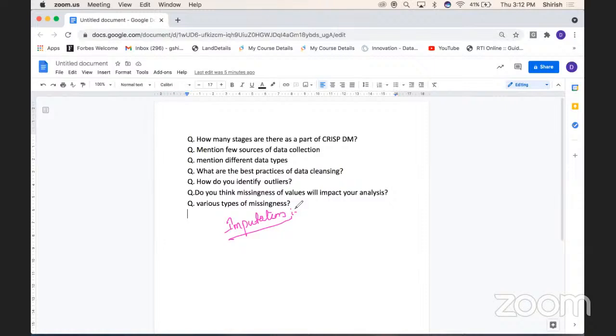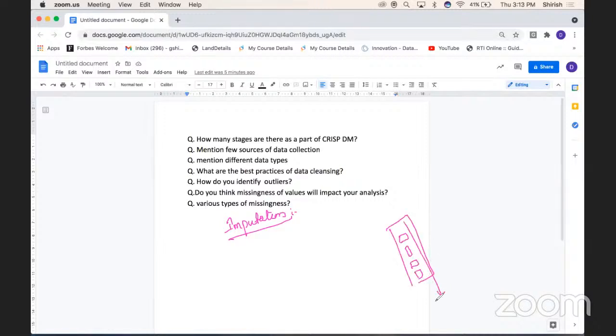Median and mean imputation is very good for replacing missing values in a column, the blocks that are empty in the entire data set.